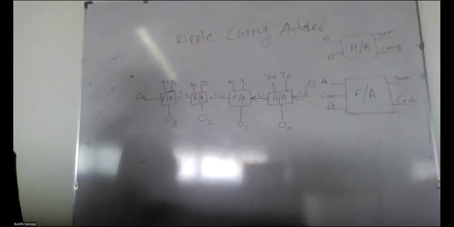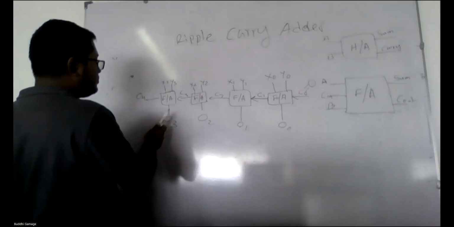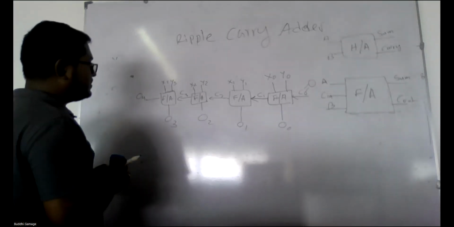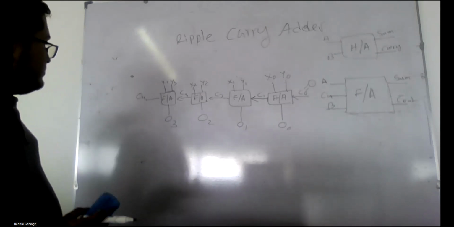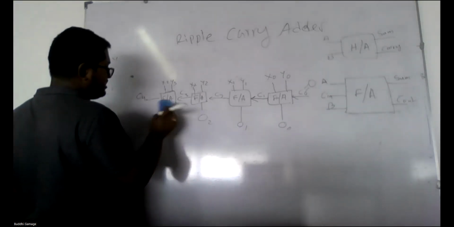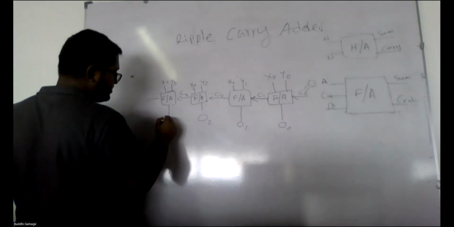This whole circuit is known as the ripple carry adder, where you can add 4 bits. So the advantage is we can say up to the n number. So here let's say it's On.